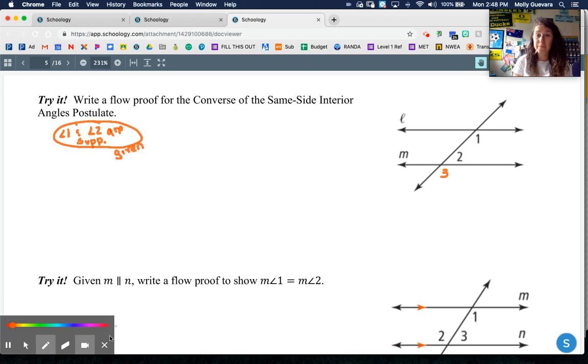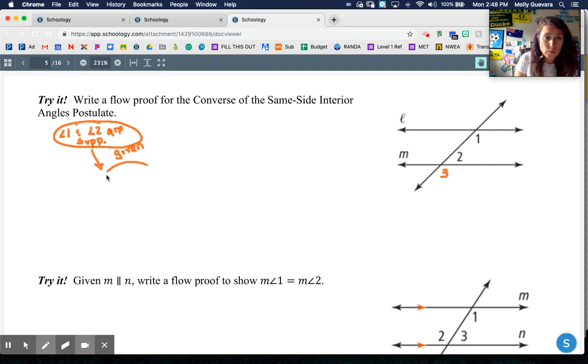I was told that. Since they're supplementary, what does supplementary mean, right? Well, it means that angle 1 plus angle 2 equals 180. And that is the definition of supplementary.